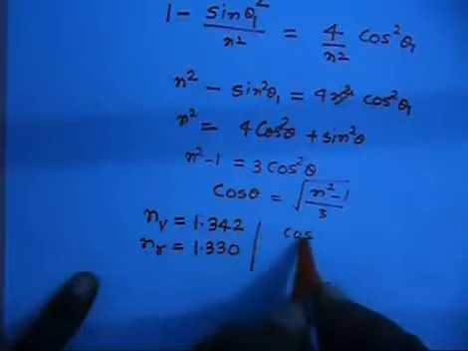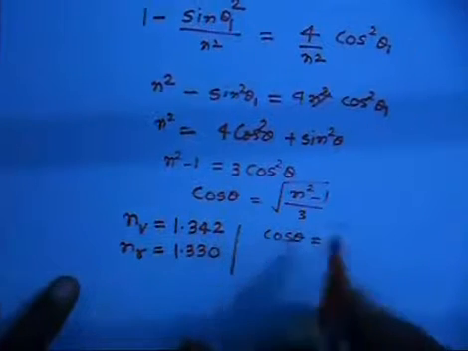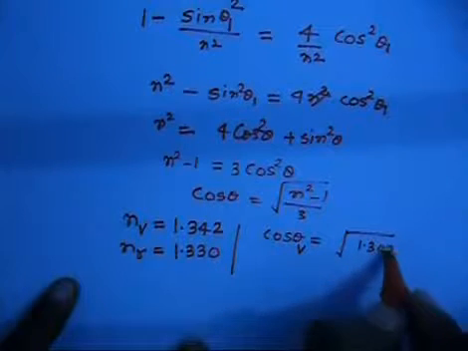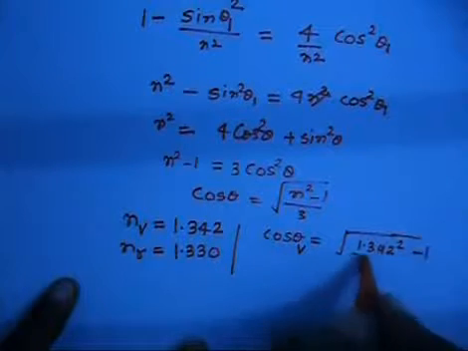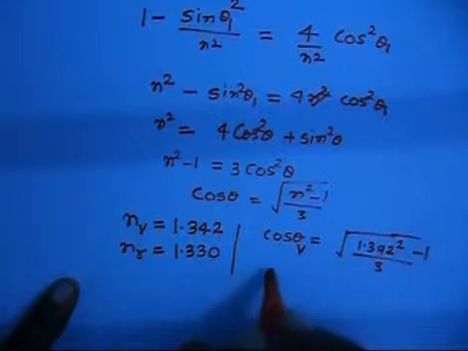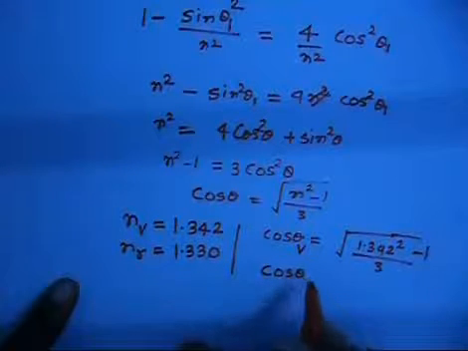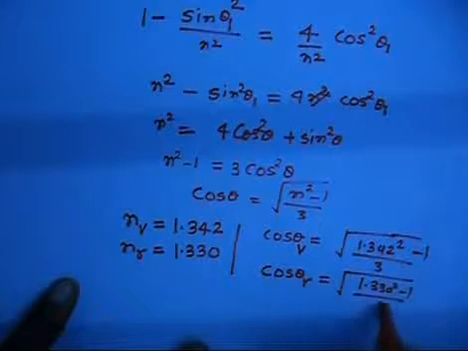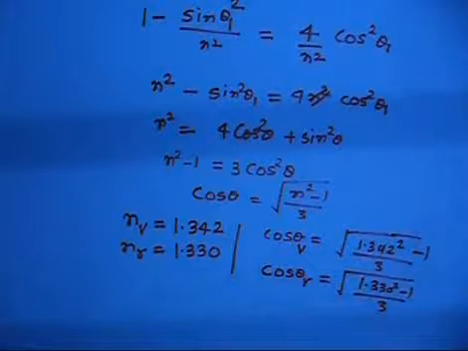So cos θ for violet light you will have the square root of 1.342 whole square minus 1 by 3. For red light you will have cos θ red equal to the square root of 1.330 whole square minus 1 by 3. So you see, for different light you will have different cos θ.